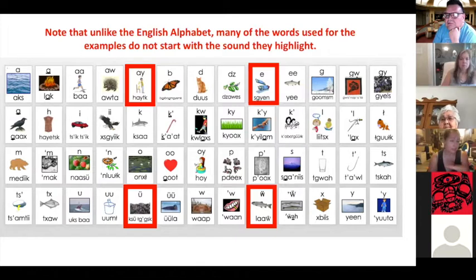In the Sm'algya alphabet, it's not like that. The word used for the sound example doesn't necessarily start with the sound.